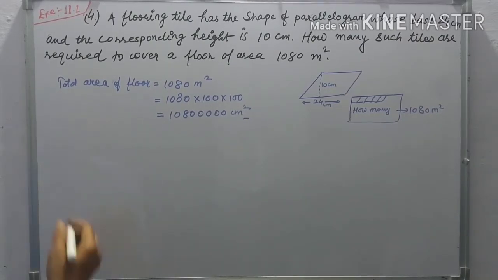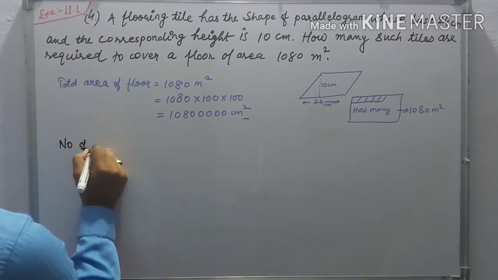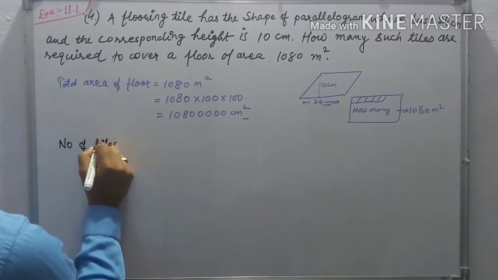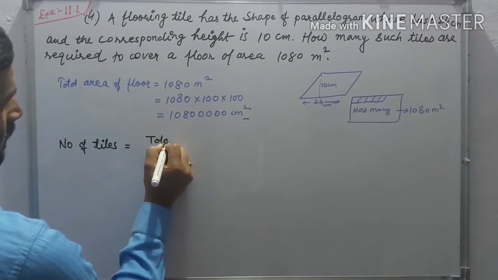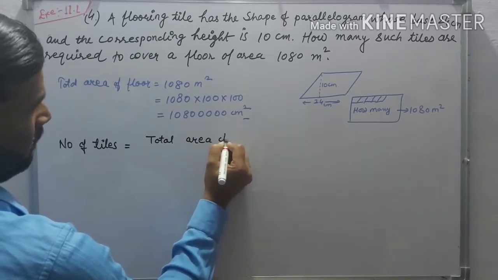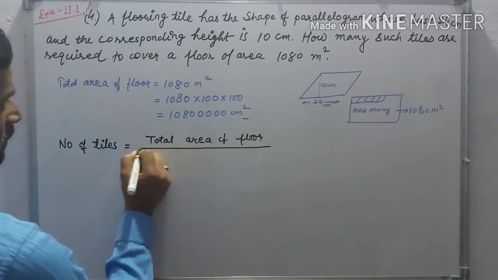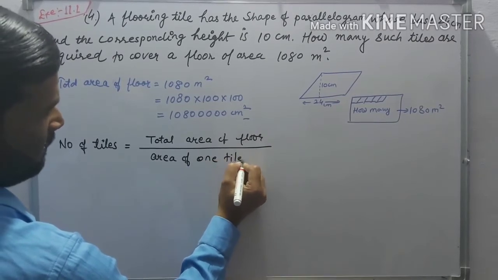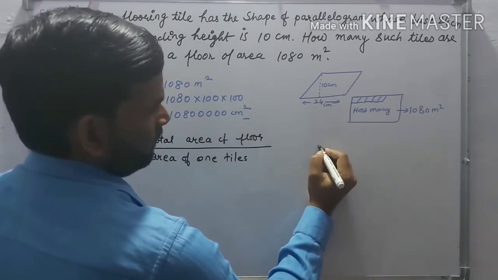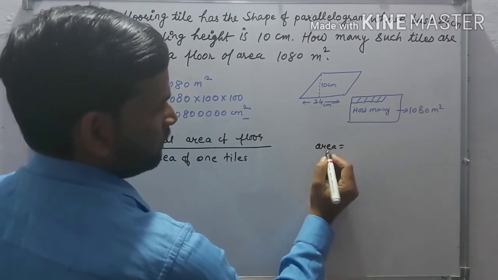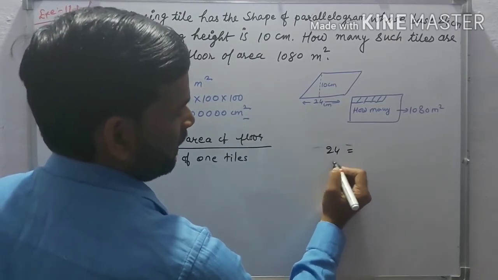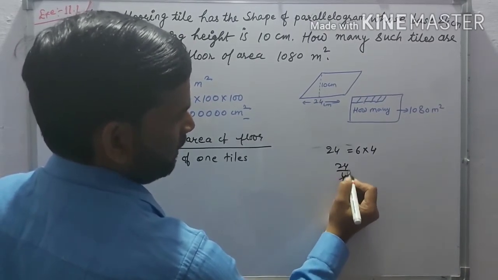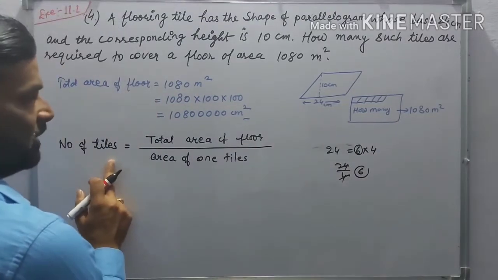Directly write that the number of tiles is equal to total area of floor upon area of one tile. Suppose the area is 24 and one tile area is 4, it means 24 upon 4 is 6, the number of tiles. The same method will be used.